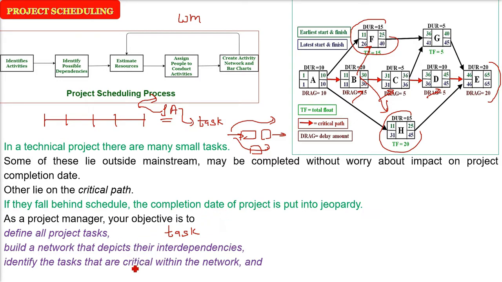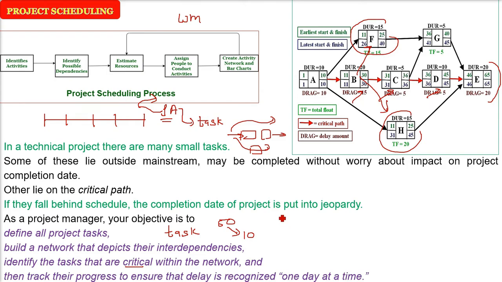Identify the tasks that are critical. You need to know and show the critical path. For example, in 50 tasks, 10 are critical. This will be the central line of the path. Then track their progress, and ensure that delay is recognized every day, one day at a time.